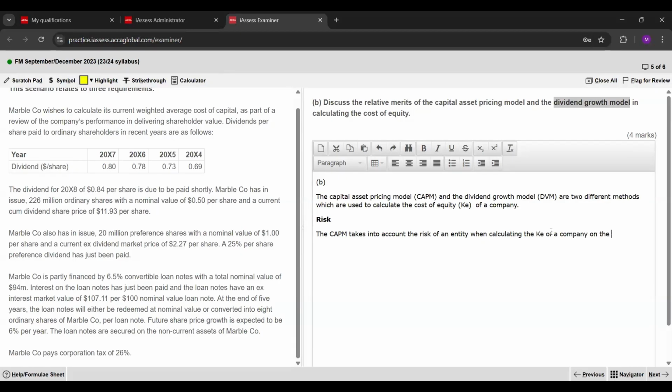On the other hand, the dividend valuation model does not take into account the risk. Okay, so we can say this is the largest weakness of the dividend valuation model.